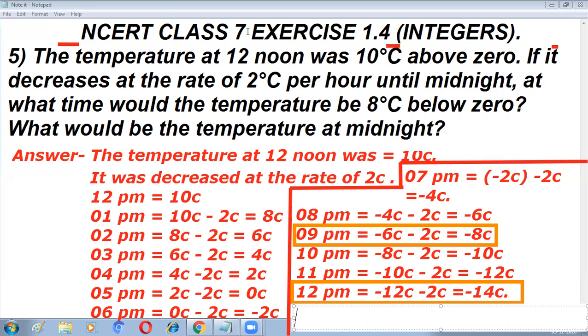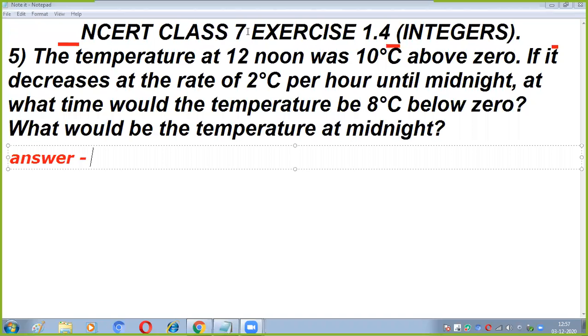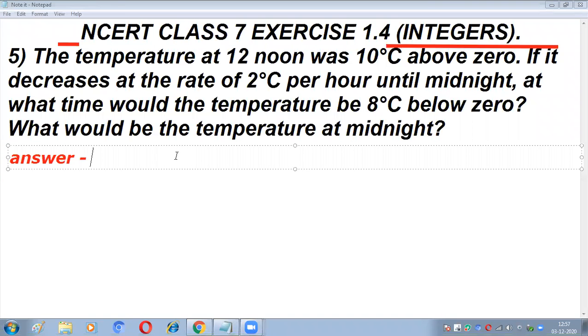I'm adding one more whiteboard. So here is the new whiteboard. Now I will write the last two statements, which I was not able to write on the previous page.